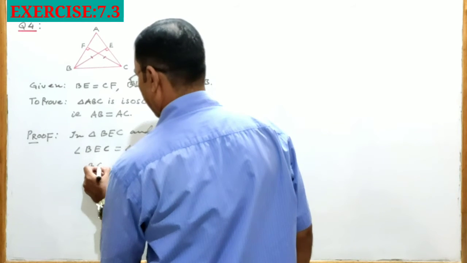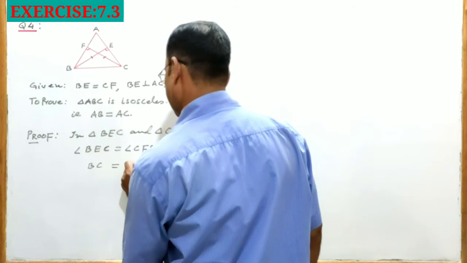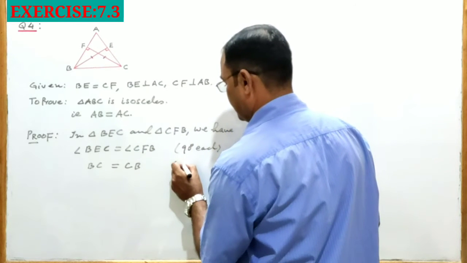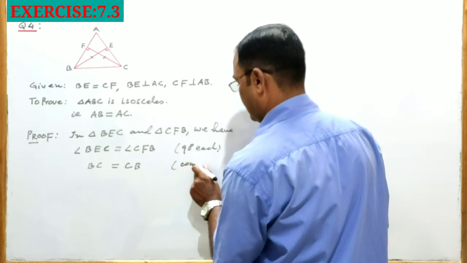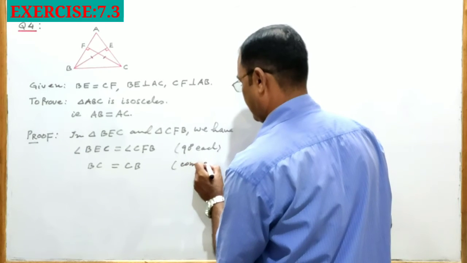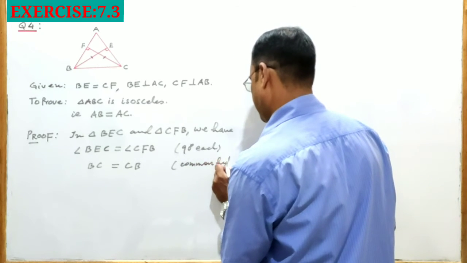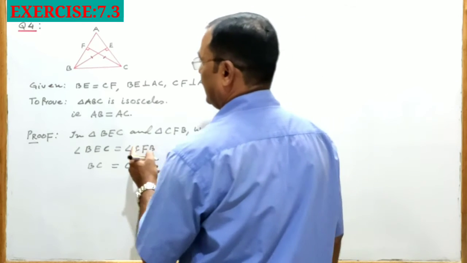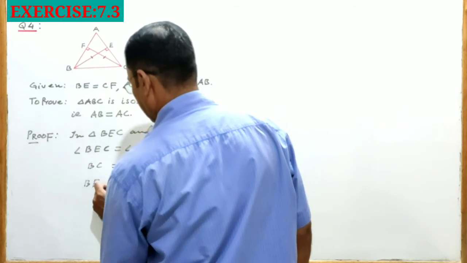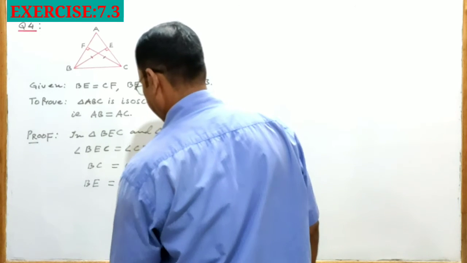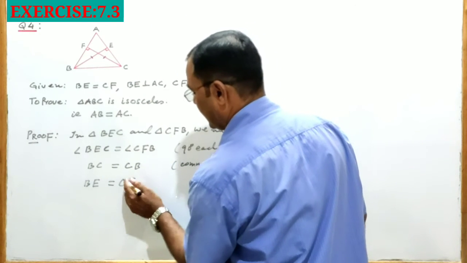BC is equal to CB, common hypotenuse. And BE is equal to CF, given.